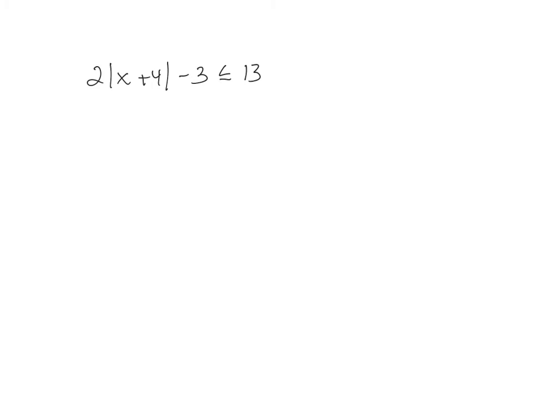Alright, so a little bit more to this one. So you'll have some that are like this. So always start, if there's an adding or subtracting part, do that first. Then do the dividing part in the front, if there is one.